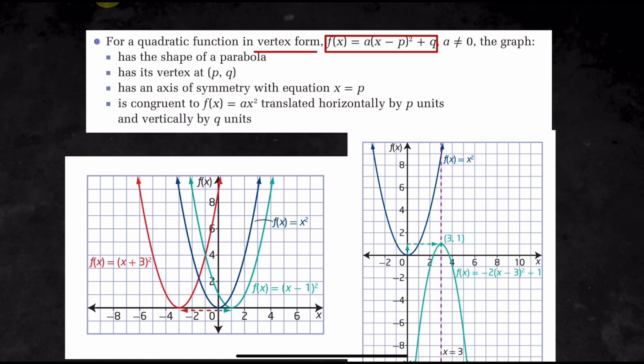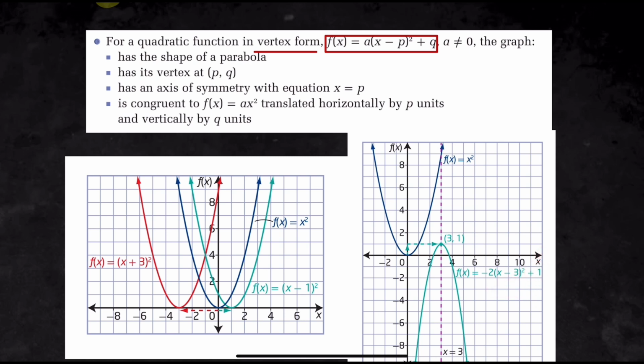If I want to shift horizontally and vertically my parabola, I should change both of them. So I should have my x minus p inside the bracket plus my q outside the bracket. For example, for this parabola, I am shifting my original one 3 units to the right horizontally, and 2 units upward because it's plus 2.